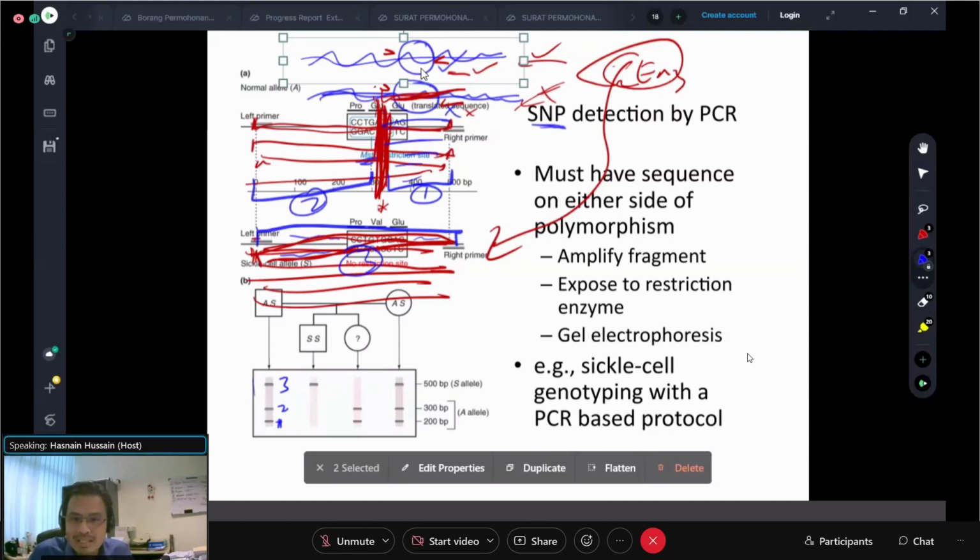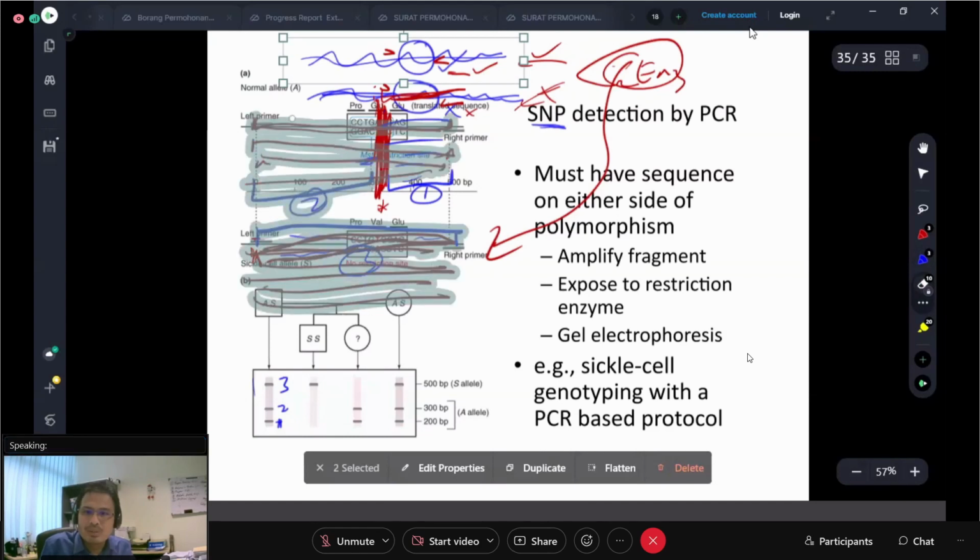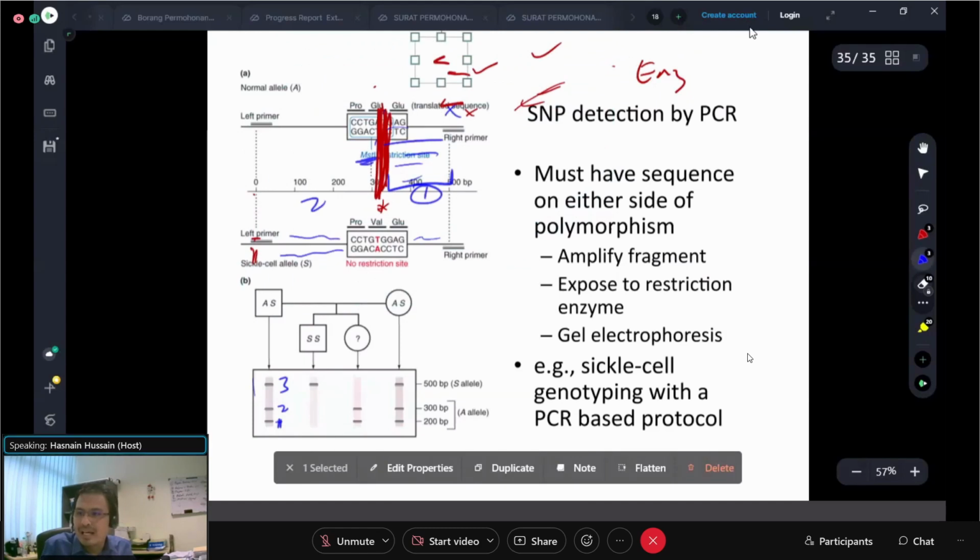And then what about this one? This one is the same as this one. What is meant here is that, based on the analysis of the DNA, this one is from individual number one, individual number two, the father and the mother, and then the children, individual number three, individual number four.